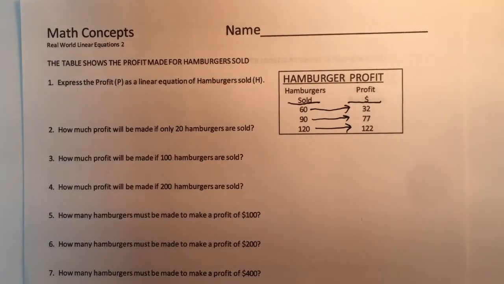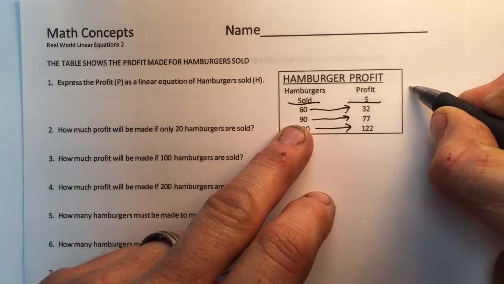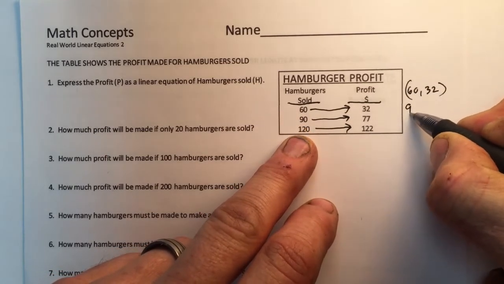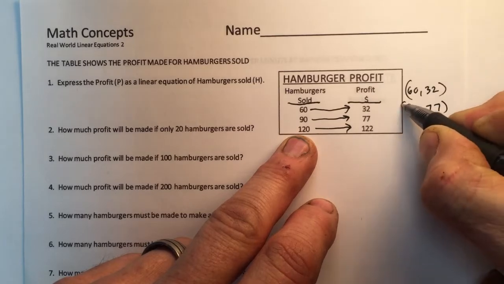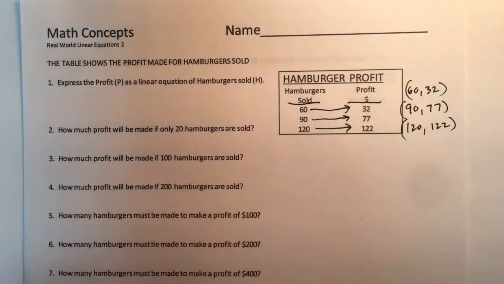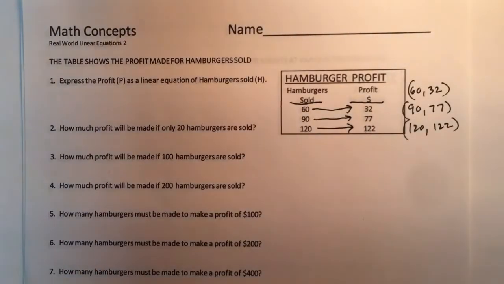All right, so all we're going to do is we're going to take these. These are just points. See, this is 60, 32. This is 90, 77. And this is 120, 122. There's 3 points here. So we just have to find the linear equation just like we've been doing on this paper. Just like we did on this paper in the previous ones, we're doing the same exact thing.